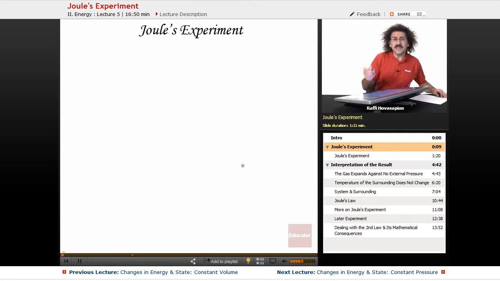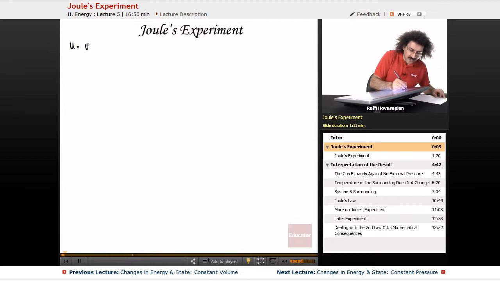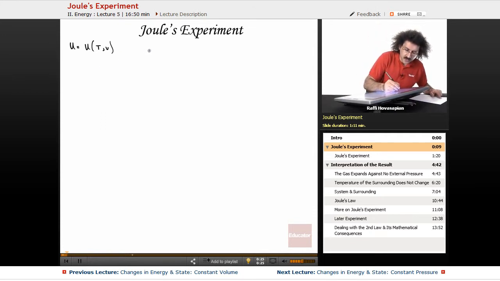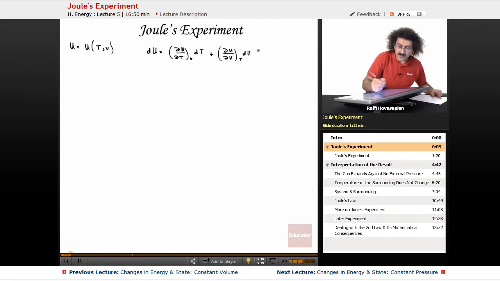Recall that in the last lesson we said that energy was a function of both temperature and volume, and we created this total differential expression: dU equals (dU/dT) sub V dT plus (dU/dV) sub T dV.